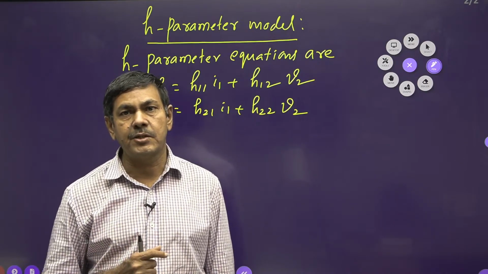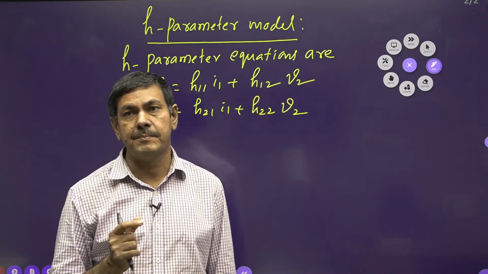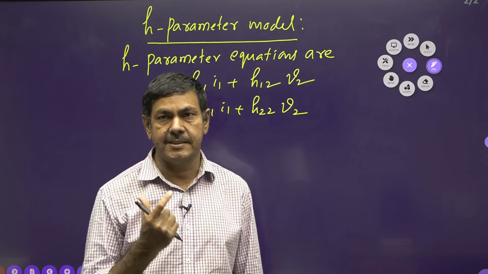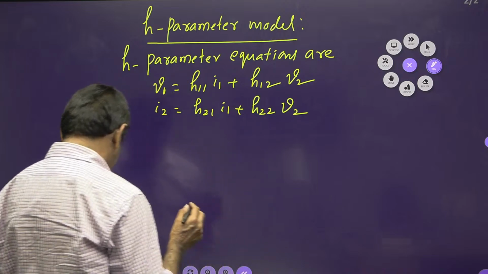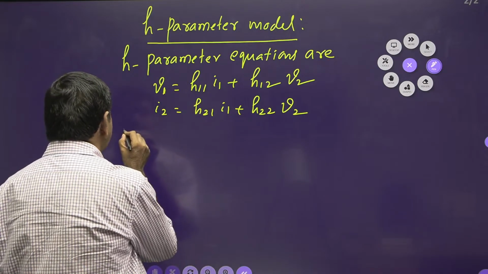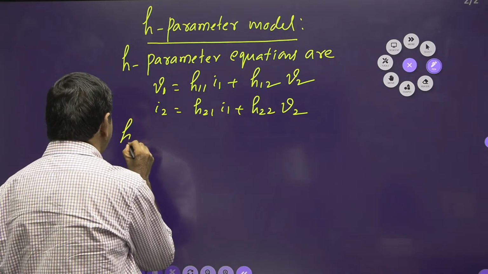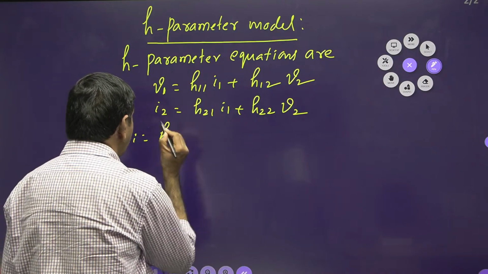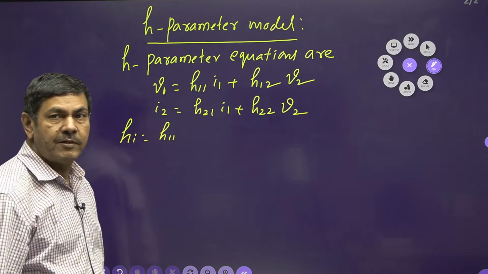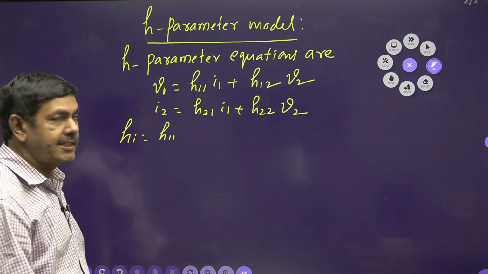In the analog circuits, we are not going to use the same symbols. With a slight change, it is taken here now. We are going to use the symbol HI instead of H11. Wherever we got H11, we take it as HI.